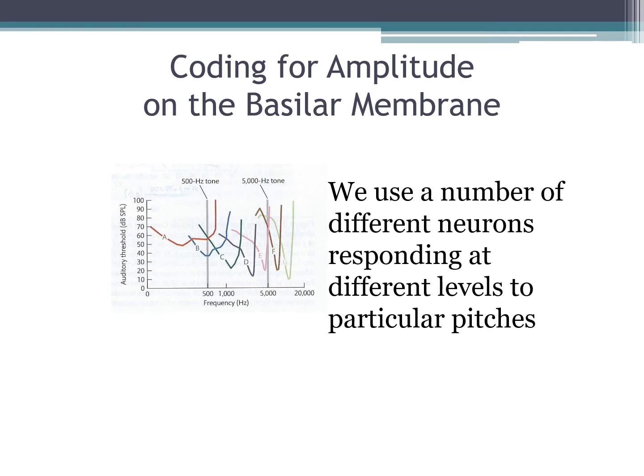Well, it looks like instead we use a number. Remember we have 3,500 inner hair cells per ear, and a number of those neurons respond at different levels, with different thresholds before they fire.